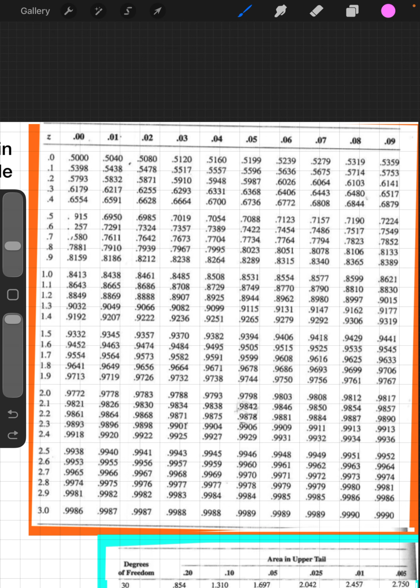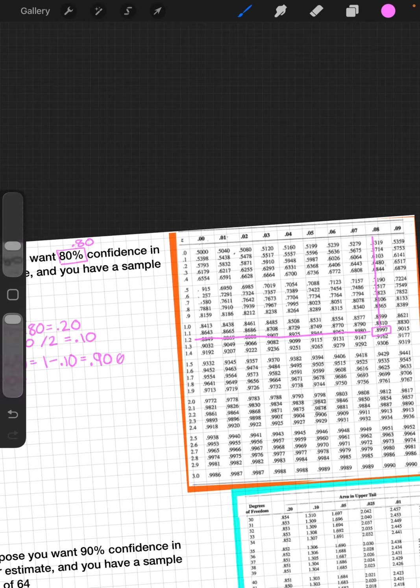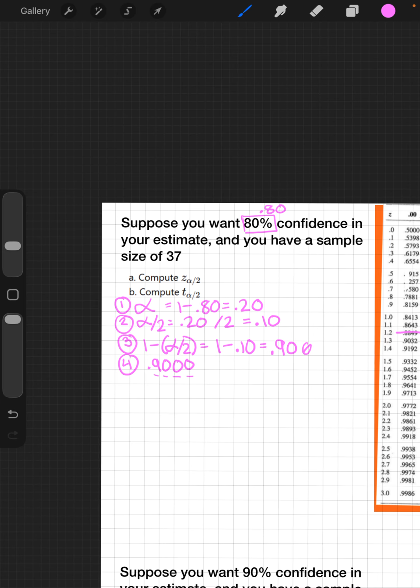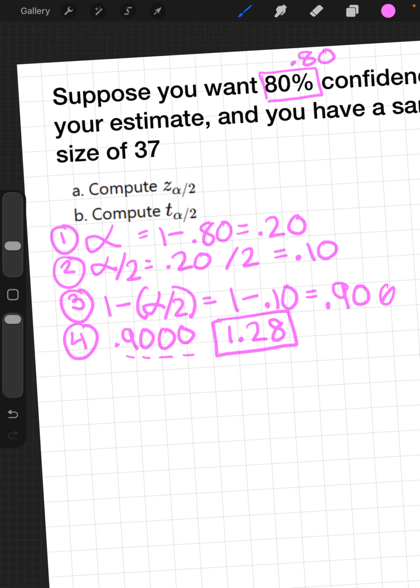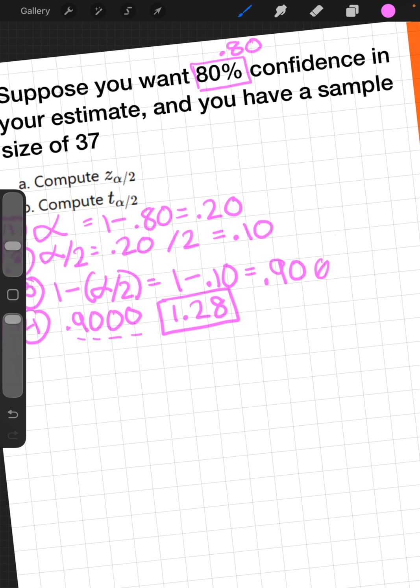Okay, the closest I have is this one. Point 2.8. Point 2.8. And that, what would you put?